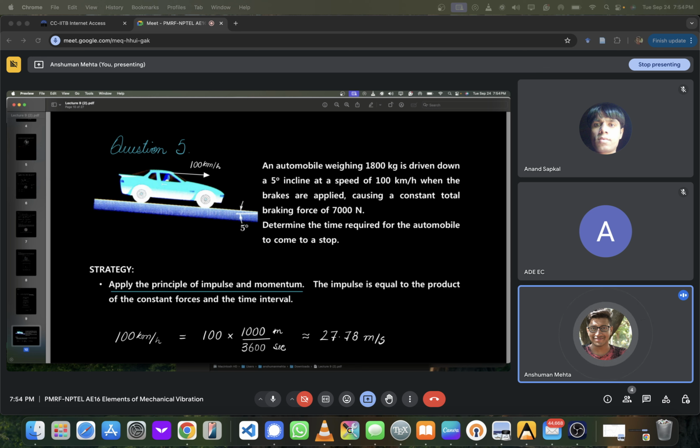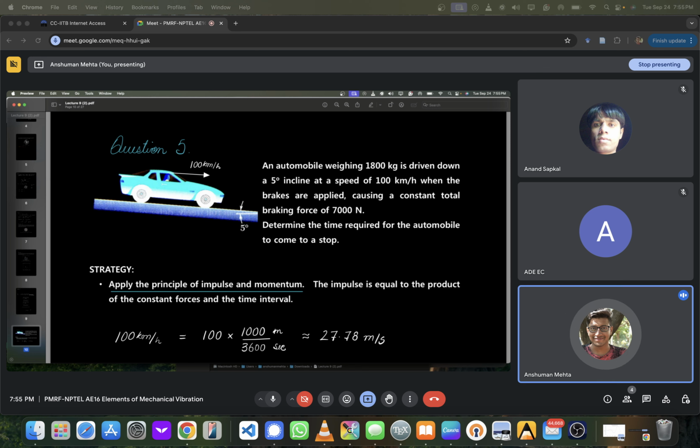Okay, so in this question we have an automobile weighing 1800 kg driven down a 5-degree incline at a speed of 100 km per hour when the brakes are applied, causing a constant total braking force of 7000 Newton.